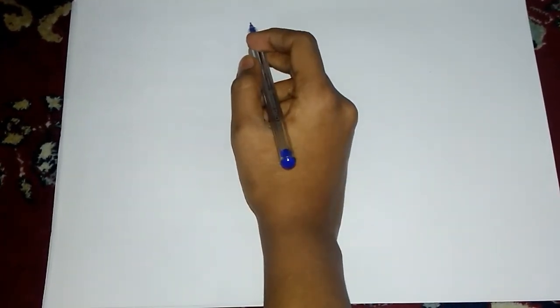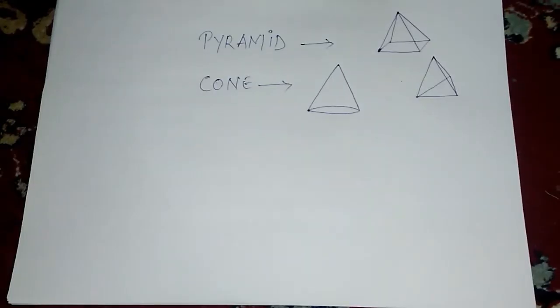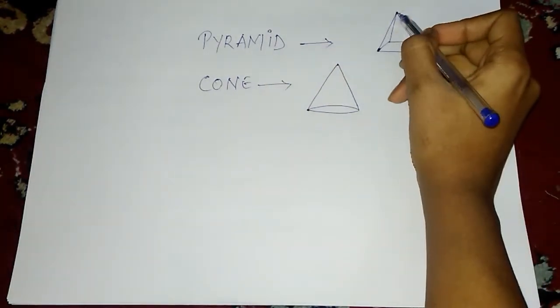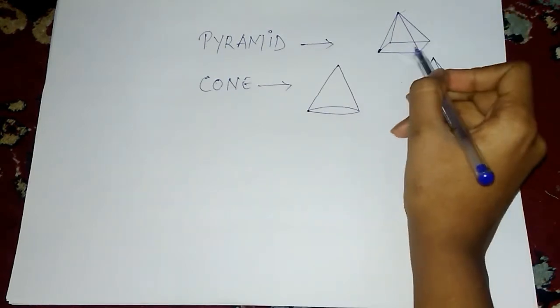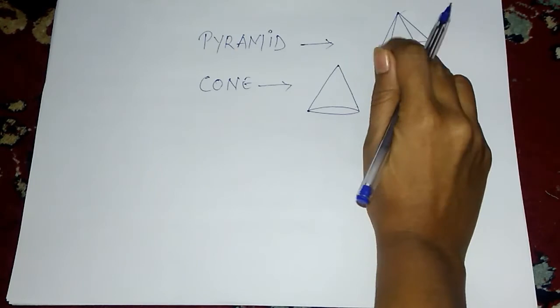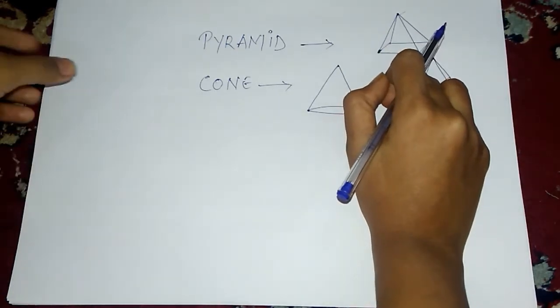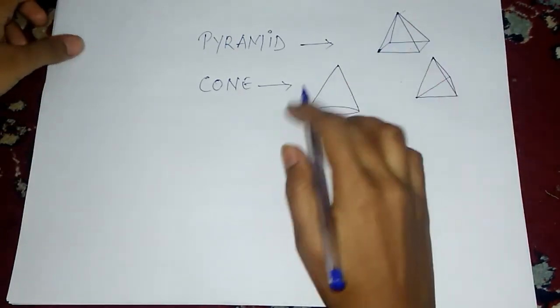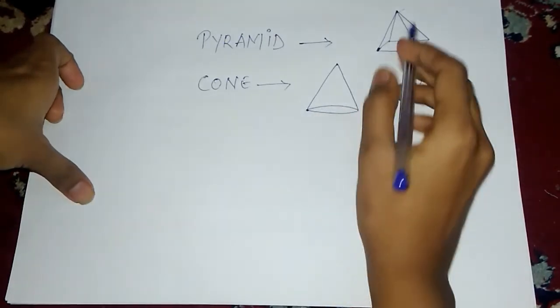So pyramid is any figure which is pointed from the top and flat at the surface. Okay, and pyramid is a 3-dimensional figure. Cone is also a 3-dimensional figure.